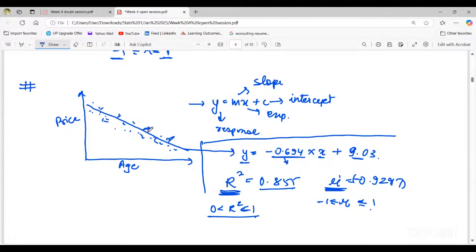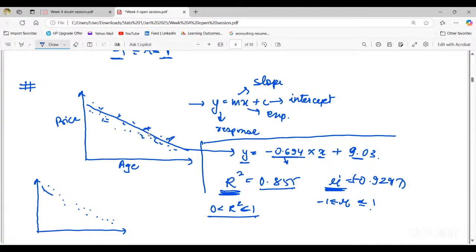Okay, so basically if this is my graph, these are my points. So I have to fit a line which is representing this. Okay, so I will make a trend line here. But what is the criteria for drawing that line?